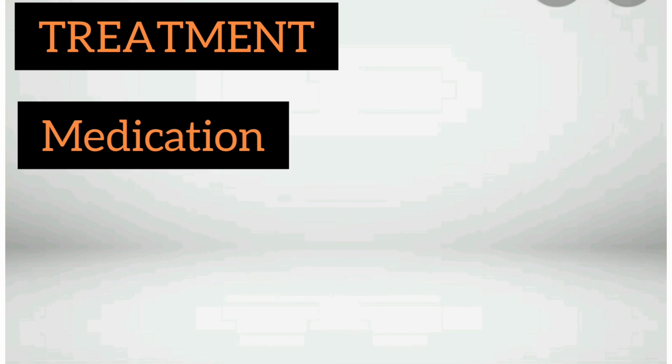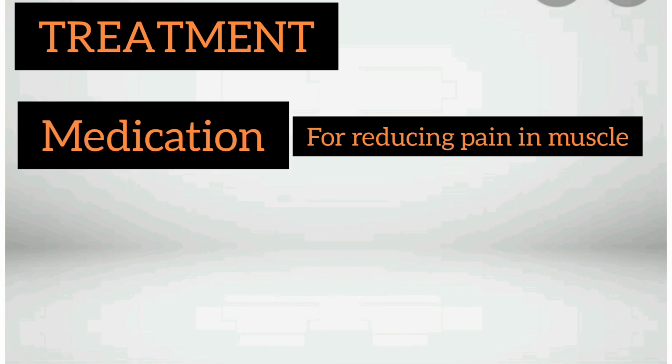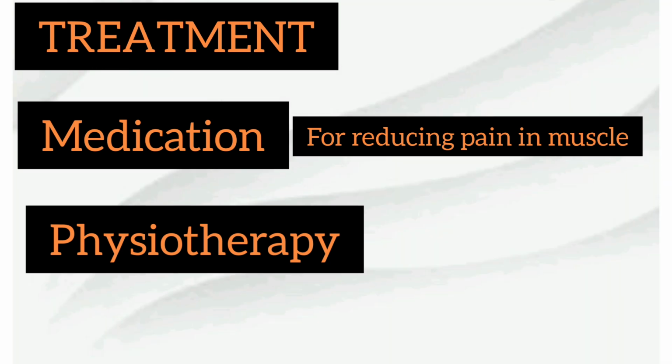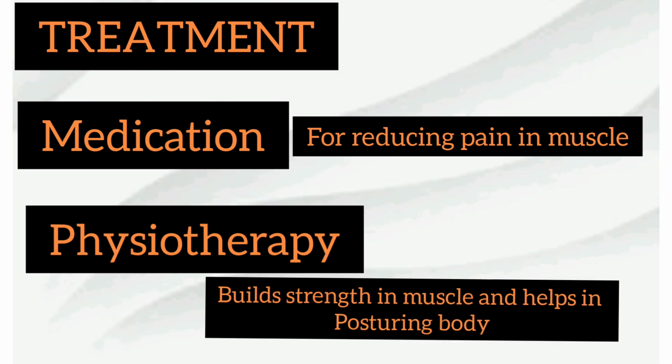When you go to the neurologist, he will keep the patient on medication which helps reduce the pain in his muscles and gain some control over his body. Physiotherapy helps the child reach his normal milestones and builds strength in the muscles.